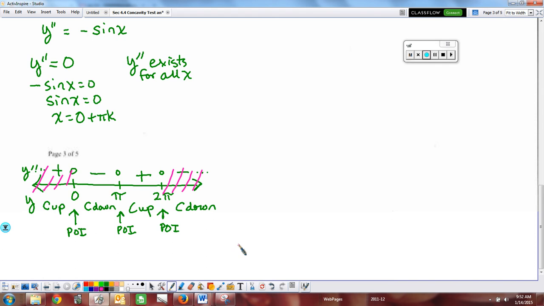Just like you can't have local extrema at endpoints, you can't have a point of inflection at an endpoint because it can't switch. So our final answer is going to be, remember, they don't interpret your sign chart, you have to answer it. So y is concave up for pi to 2 pi because y double prime was greater than 0. There's your calculus reason.